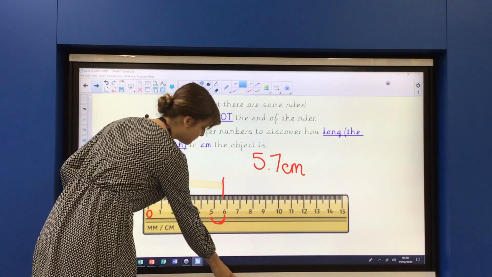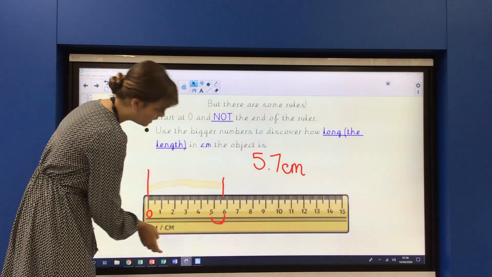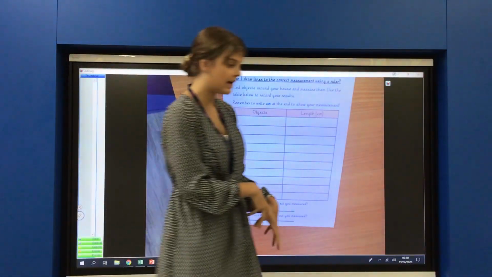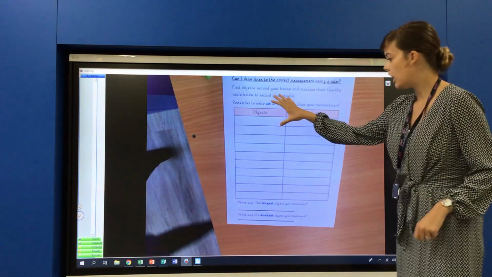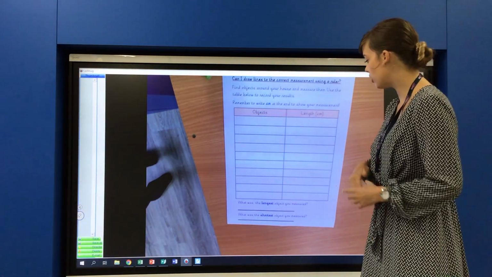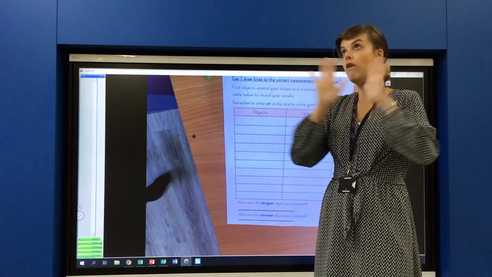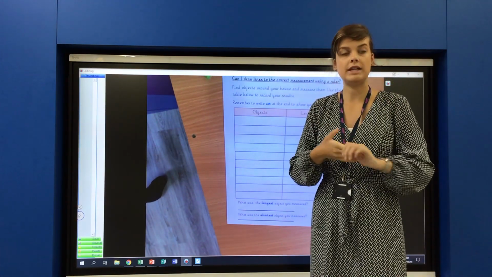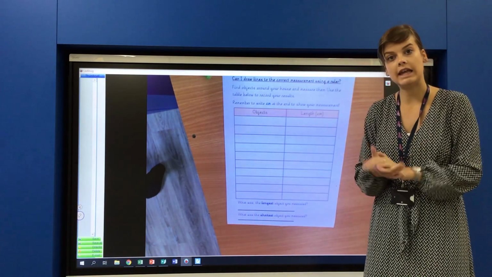So today, some of you will be doing the hunt that some of you did yesterday. So this is what your sheet looks like, and it's got a table of objects and a table for length. So please find some random objects around your house. It could be a TV remote, it could be a fork, absolutely anything.